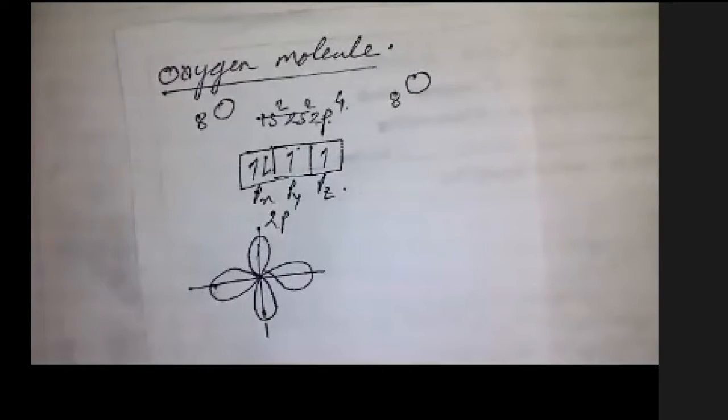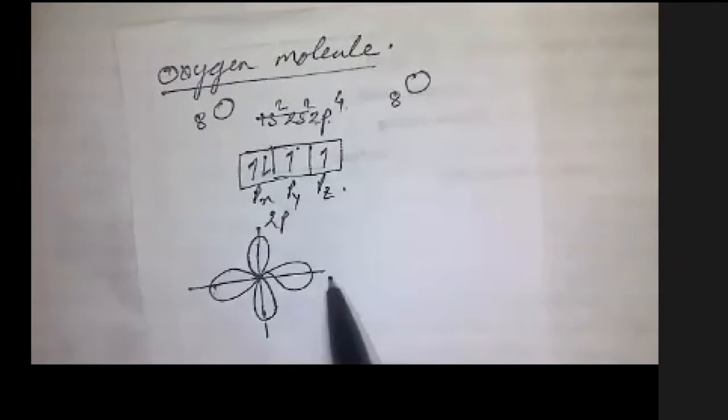Now always remember one more thing: Px, Py, Pz, when we are saying, they are directed along the x-axis, y-axis and z-axis. So this x, y, z axis, they are just imaginary. Remember that. I can write x, y, z any side. The only thing is they have to be perpendicular to each other.